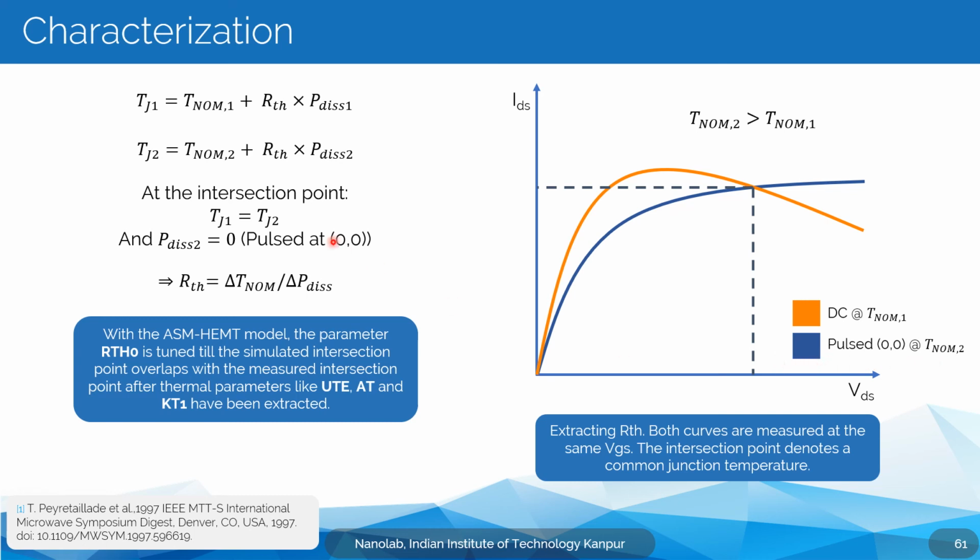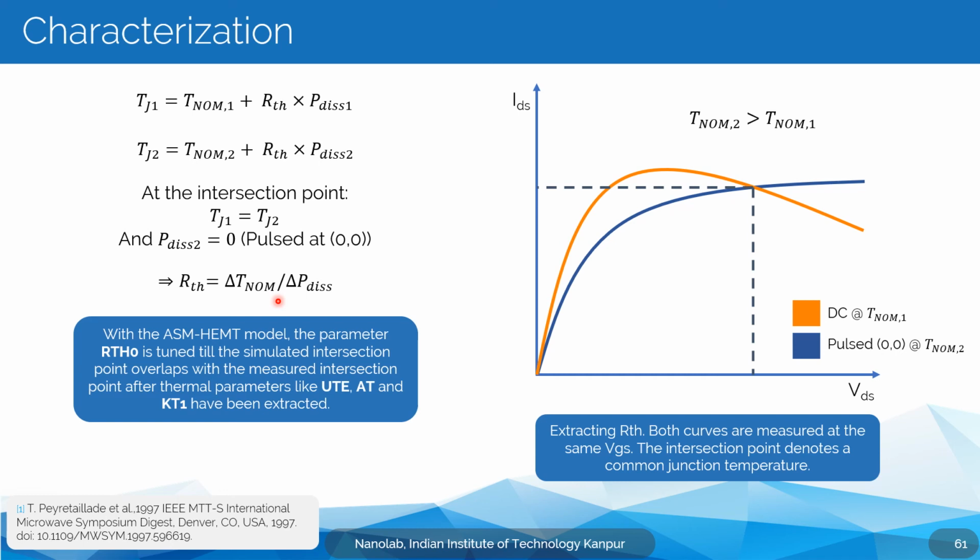So what you really get is a way to extract RTH. RTH is given by the delta of the two temperatures, T norm 2 minus T norm 1, and then delta PDIS is basically just PDIS 1. Because PDIS 2 is 0, RTH is equal to delta T norm divided by P dissipation in the first case.